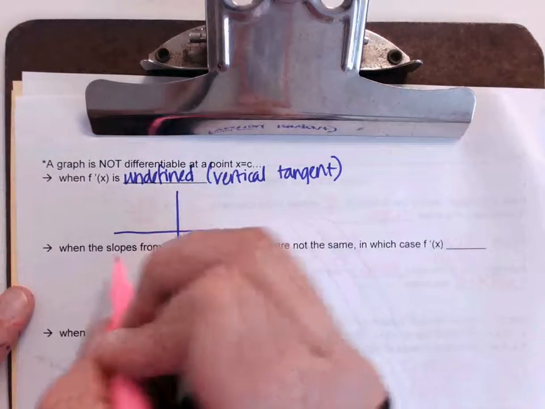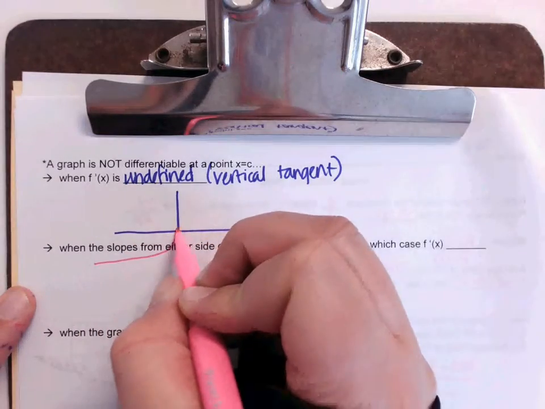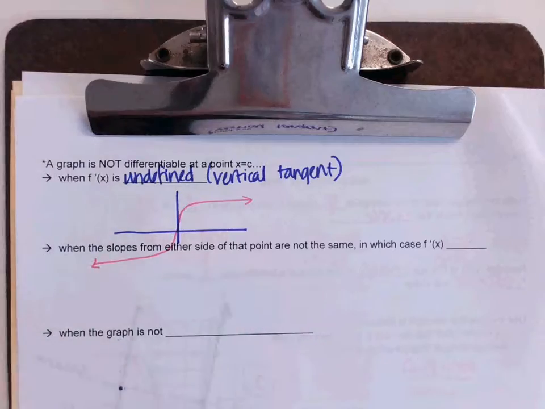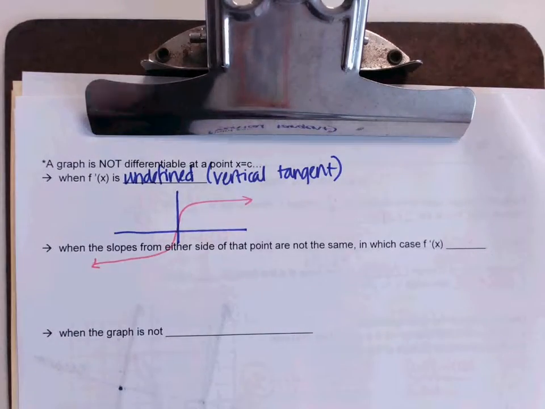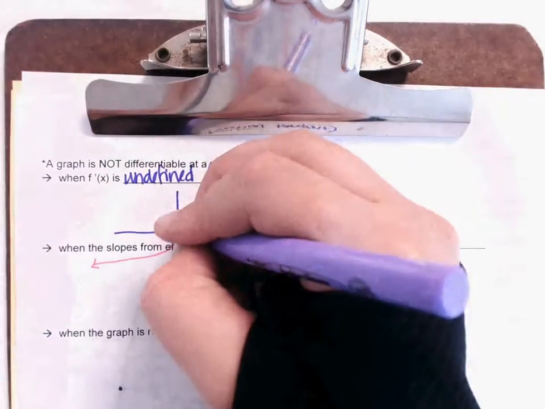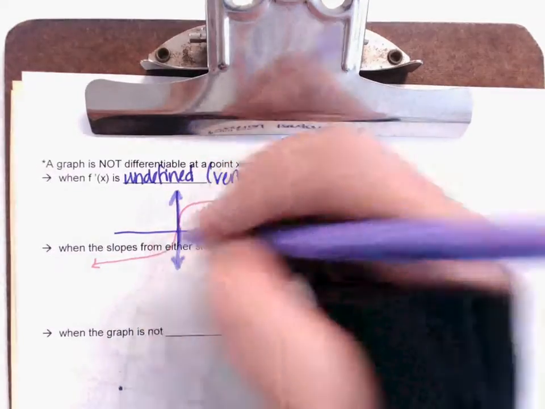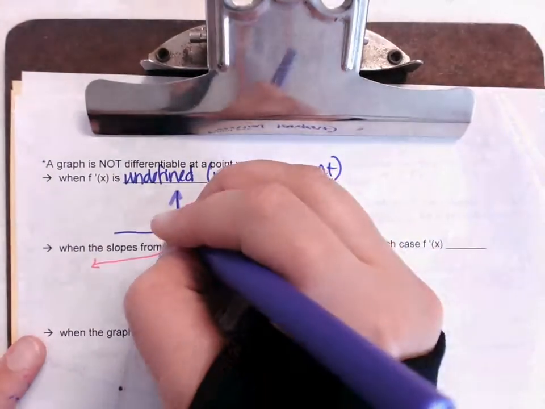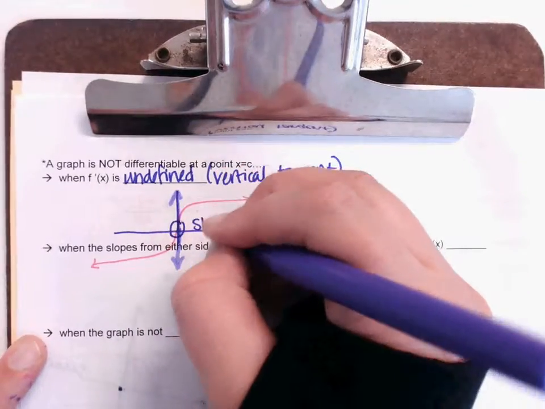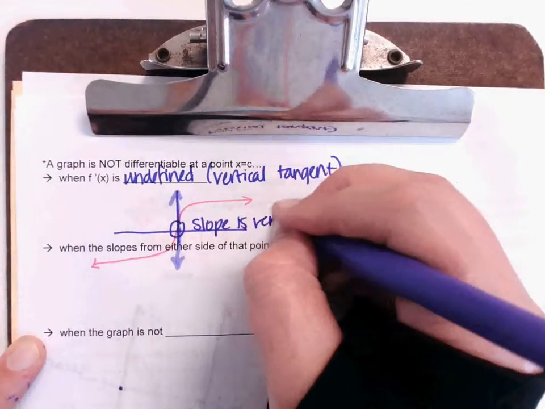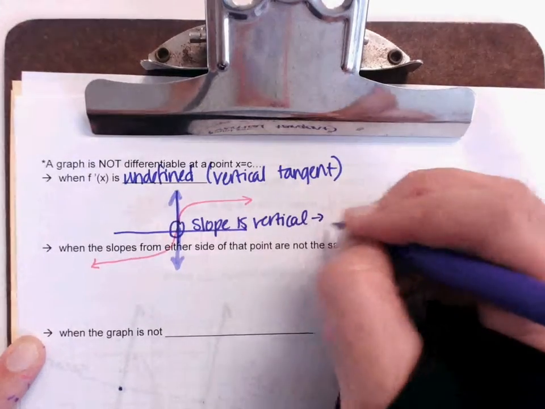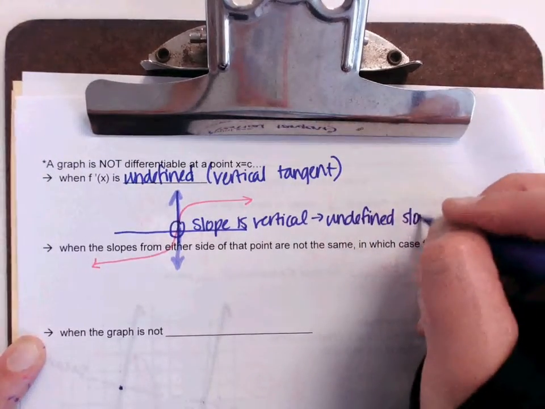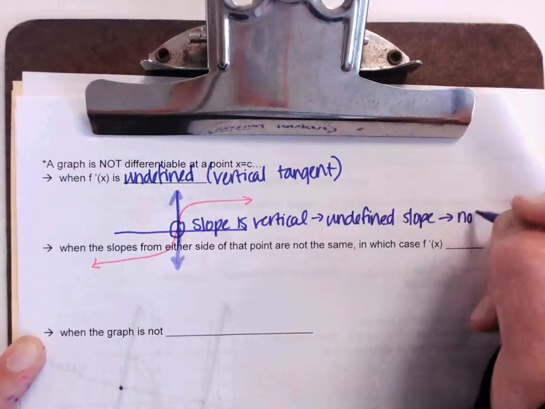It looks like this. In the middle, at this exact dot right here, my graph is vertical. And so at that point, you would say the graph is not differentiable. My slope is vertical, which means that it's undefined, which means it's not differentiable.